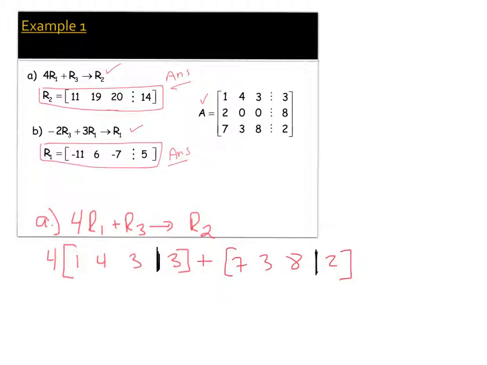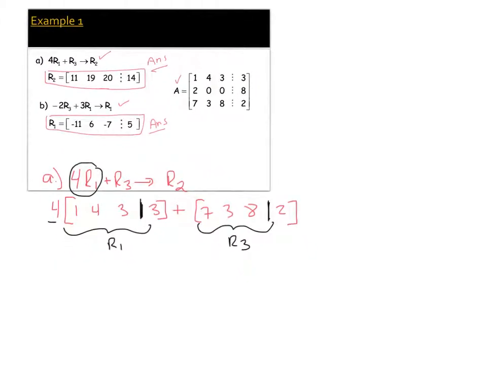I'm going to take 4 times row 1, and I'm going to add row 3. That's the instruction, and that's going to replace row 2. Just some basic row operations. I'm going to multiply it through. I get 4, 16, 12, and 3.